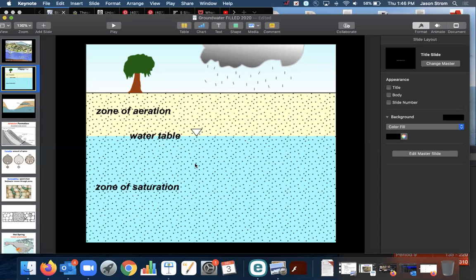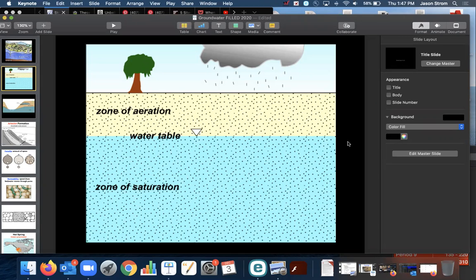So something to remember about the water table is that it changes, it rises, it falls. As there's more rain or snow melts or anything like that, the water table will rise some. Whenever it's been dry, during the summer, or if there's been a drought, the water table will be depleted and it will drop.